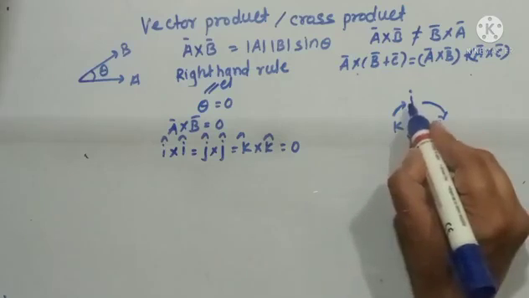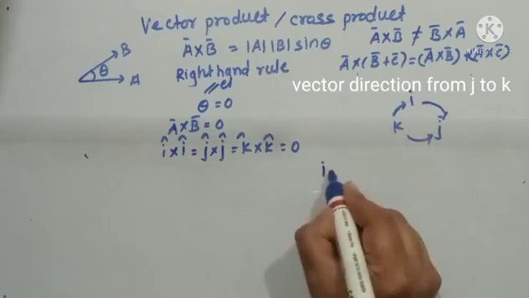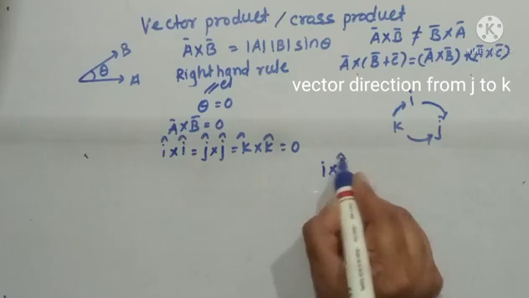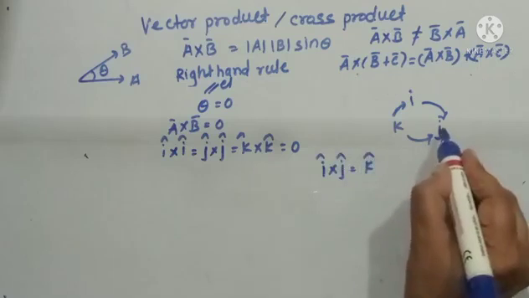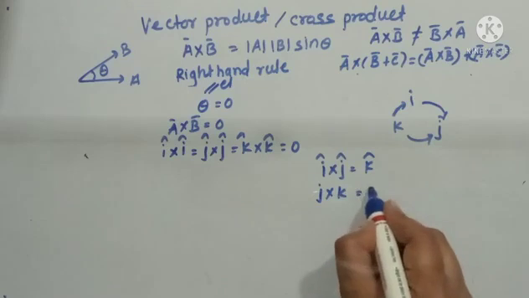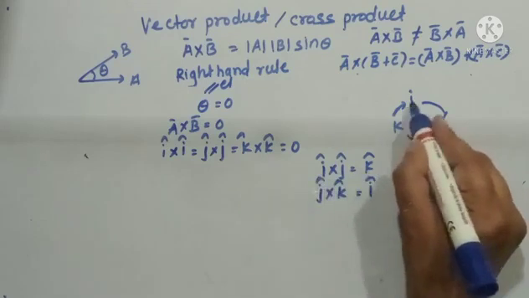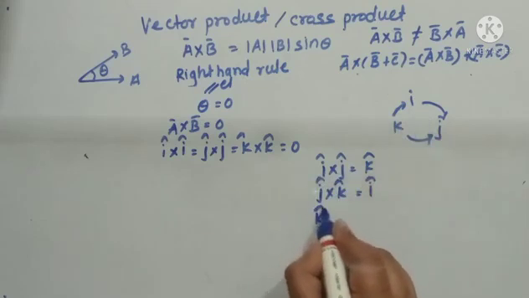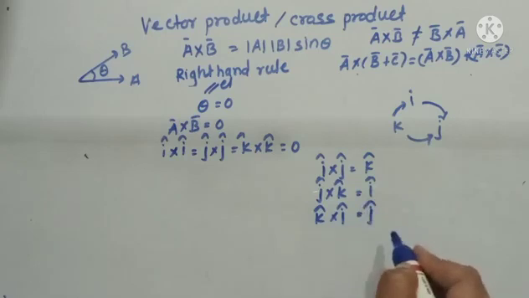If you go in this clockwise direction, i cross j will give you k. j cross k will give me vector i. k cross i will give me unit vector j.